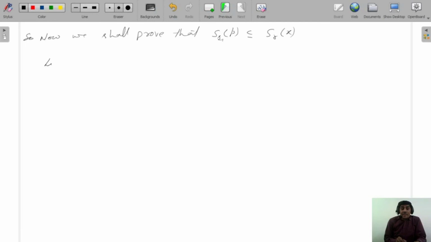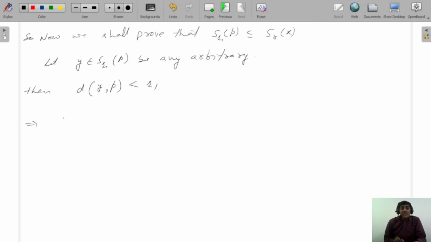Let y belong to S_r1(p) be arbitrary, then distance between y and p is less than r1.